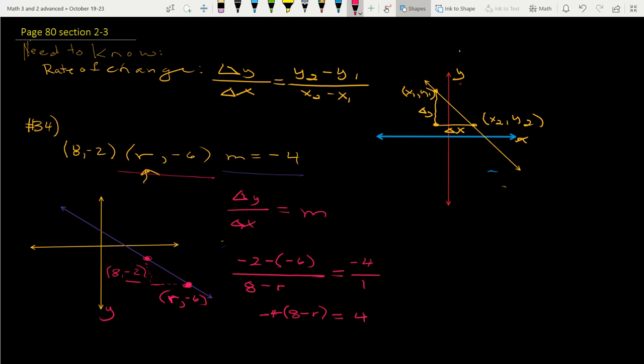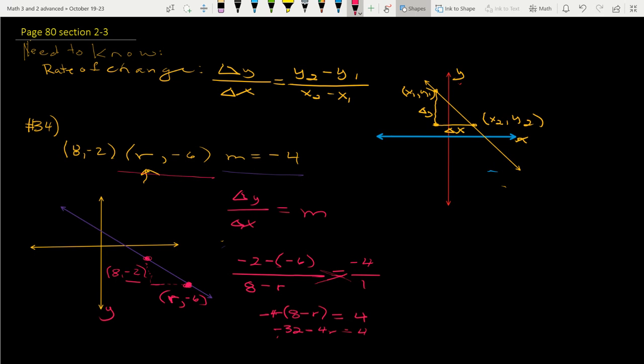So all I really did was do kind of a quick multiplication. I went this way and I went that way. So now I've got -4 times 8, which is -32, minus 4r equals 4. So at this point, I can add 32 to both sides.